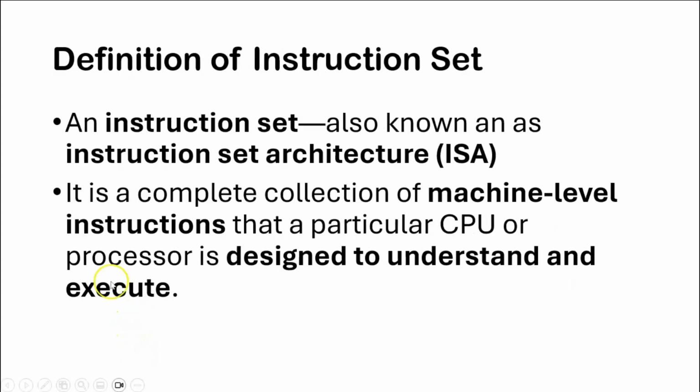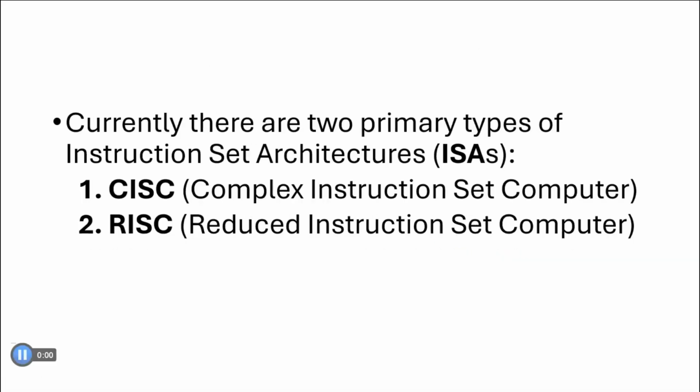Definition of instruction set. Before I go any further, let me define what an instruction set is. An instruction set is also known as instruction set architecture, as mentioned earlier. It is a complete collection of machine-level instructions that a particular CPU or processor is designed to understand and execute.